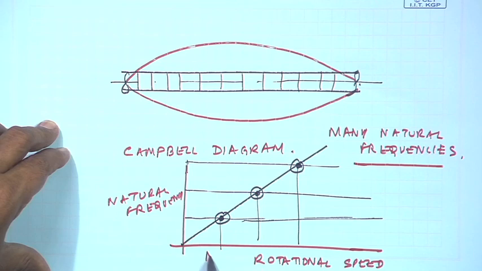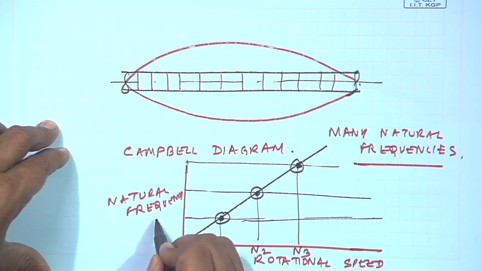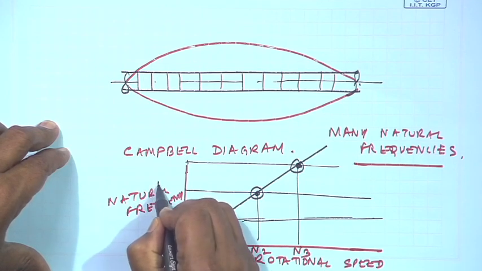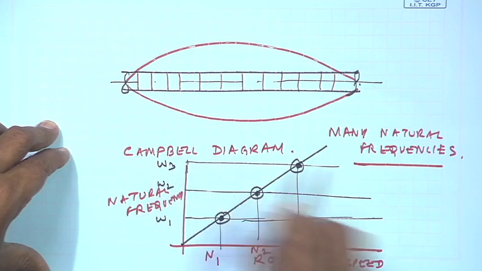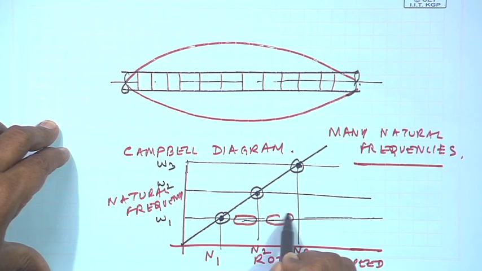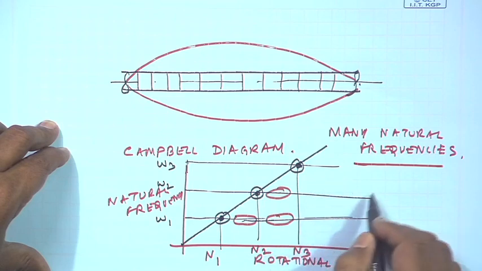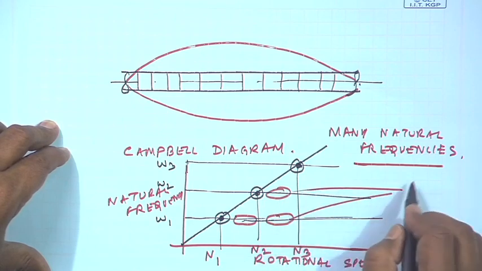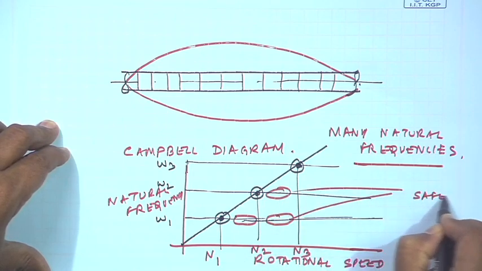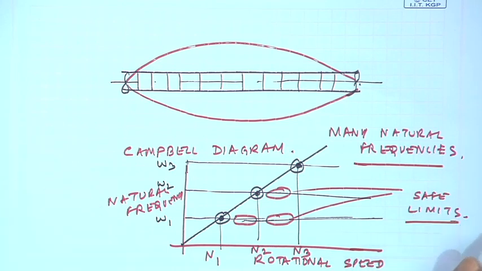So, maybe this is N1 RPM, N2 RPM, N3 RPM, and this is maybe the natural frequency omega 1, omega 2, omega 3. So, this region is the only safe operating region. So, there are regions of safe limits wherein resonance can be avoided.